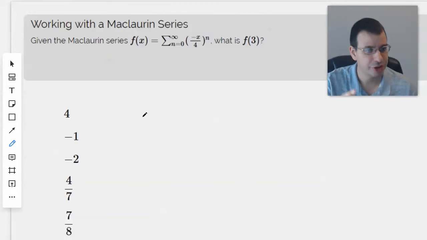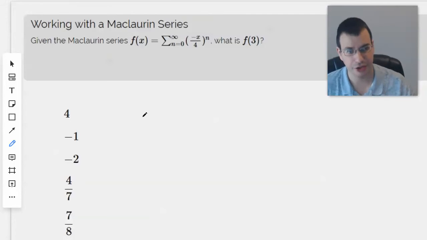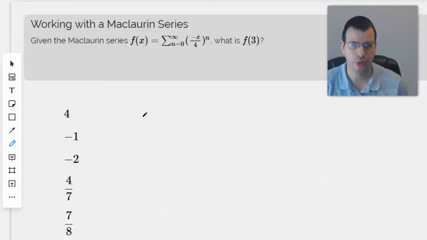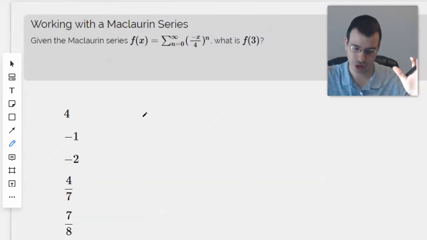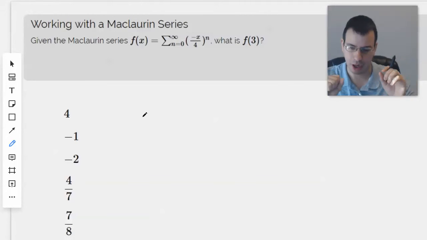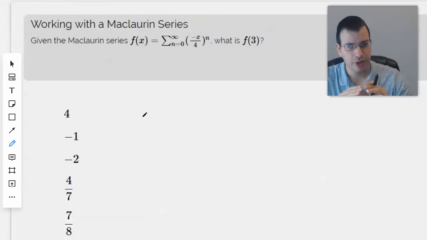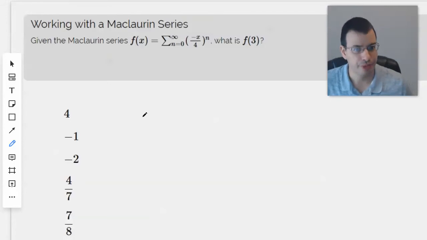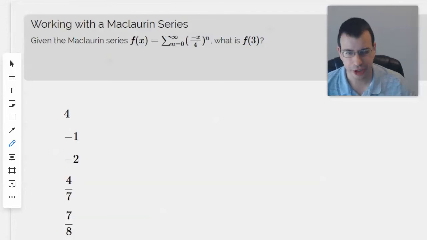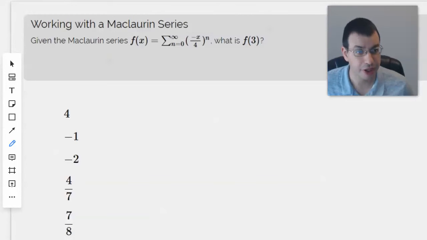So a Maclaurin series is a type of Taylor series. A Taylor series is where you basically use derivatives in a formula to approximate a function as a series of polynomials. You might have heard in life the term Fourier series.